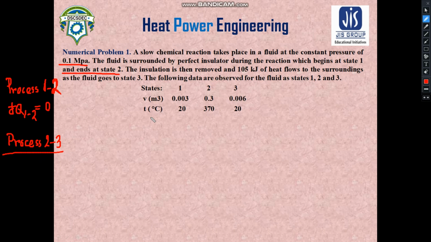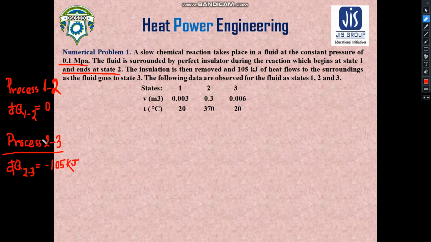So heat is flowing from the system to the surroundings. That means it is obviously negative heat transfer. So we can write dQ for process 2 to 3 as minus 105 kilojoule. I think it is very well understood now.